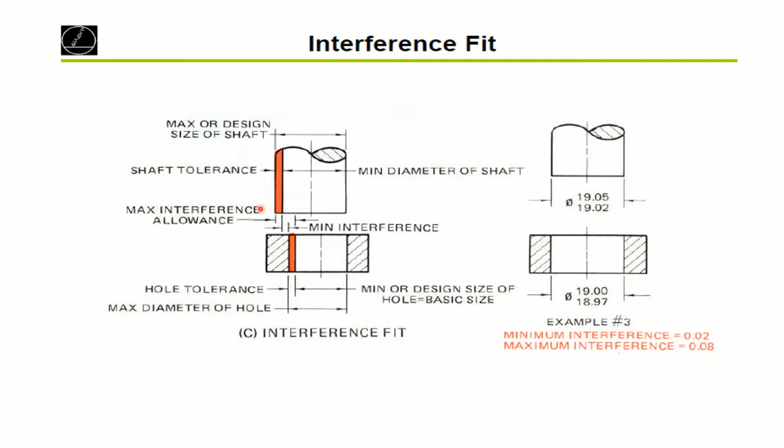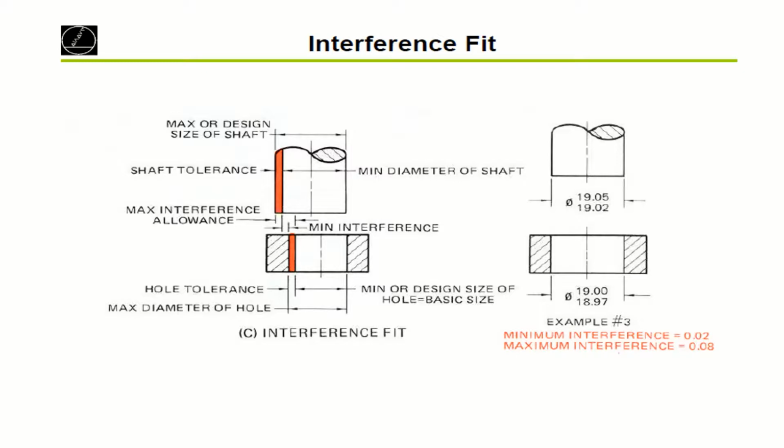Again, the maximum and minimum interference is seen here. You can go through it by viewing this figure, which is basically the same as what we explained before in the slides on clearance fit. An example is also provided, you can go through it.